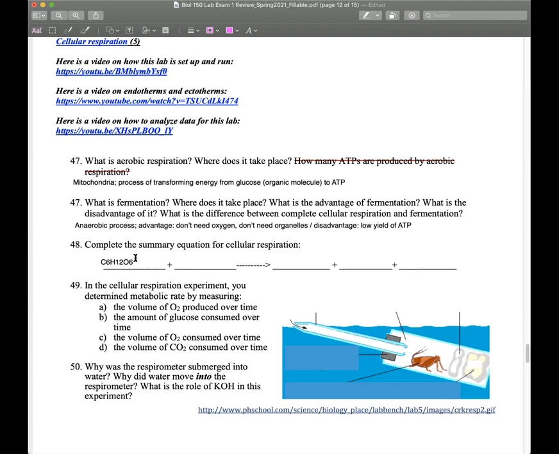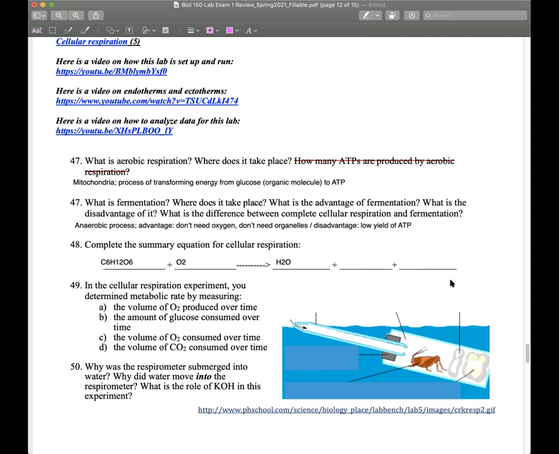Karen, I heard you mention H2O. H2O is going to be one of our products, so we're going to put that over here. What else do we need for cell respiration? We kind of already established it up here. O2? Yeah, we need oxygen. Absolutely. You stop breathing and your cells stop being able to do respiration pretty quickly.